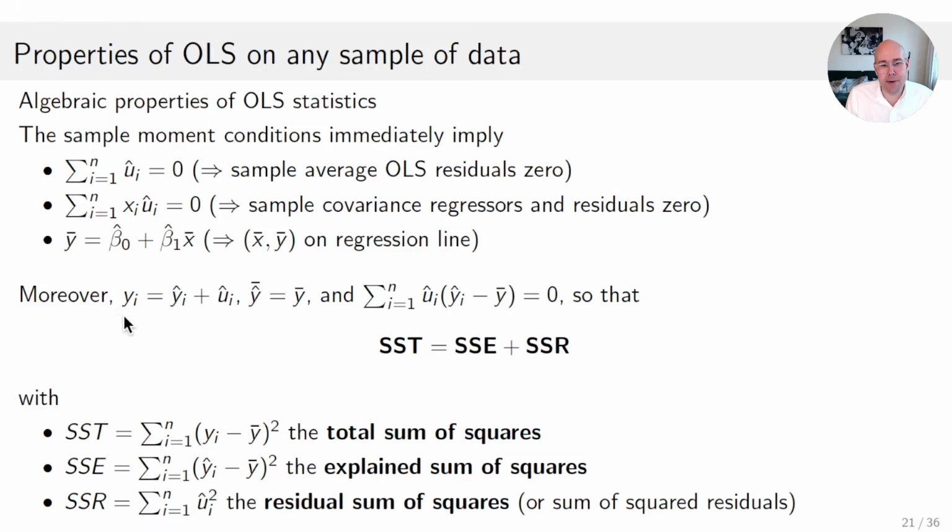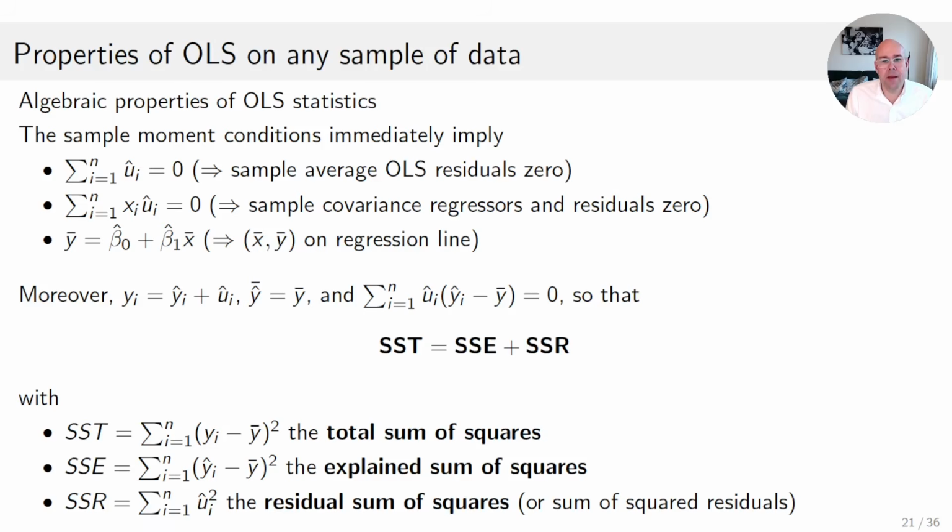And we can write down always by definition that yi is equal to yi hat plus ui hat. And if I then take the average, because the ui hat on average is going to be equal to 0, then I'm going to have that the average y hat is going to be equal to the average y in my data.